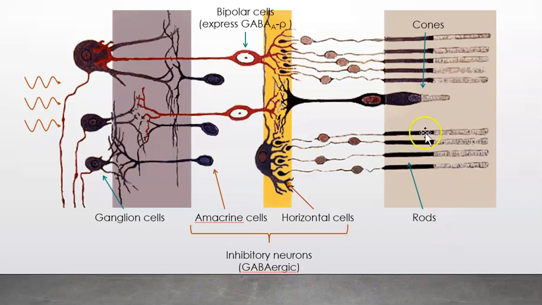So rods and cones themselves have tonic excitatory cells, and then they'll be inhibited by light, okay? So rods and cones are kind of just always active, but when you hit them with light, that's when it leads to inhibition, and that's what tells the cells, like, oh, hey, I saw something.